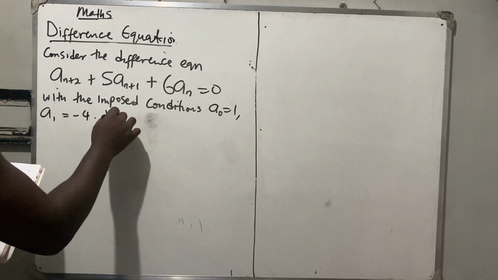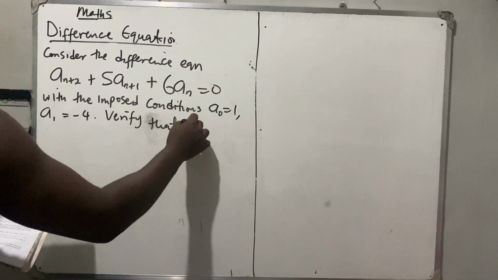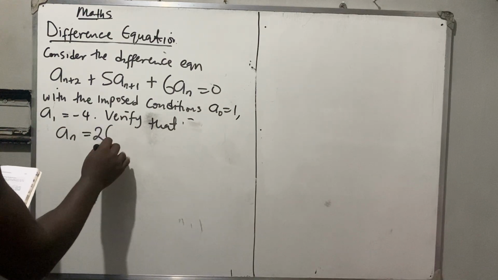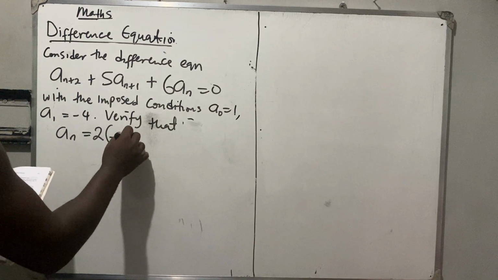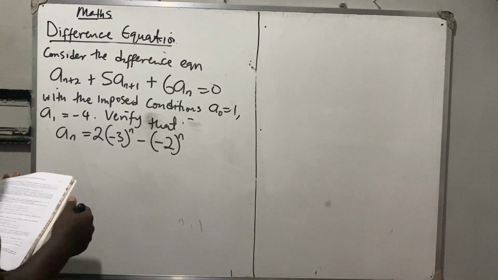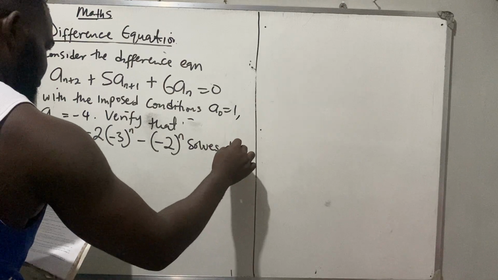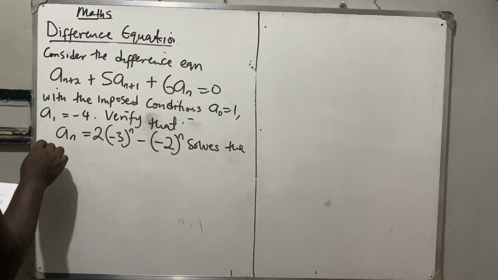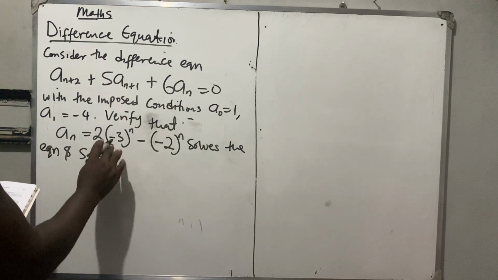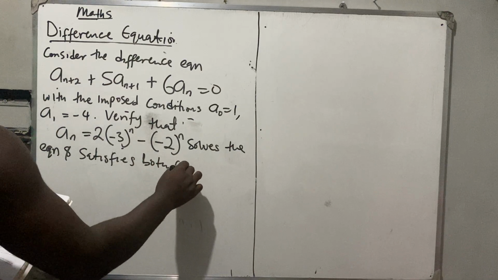Then I say we should verify that a n is equal to 2 into minus 3 raised to power n minus into minus 2 raised to power n solves the equation and satisfies both conditions.